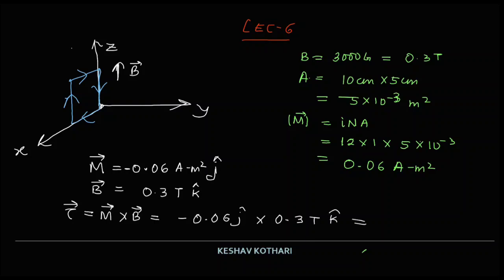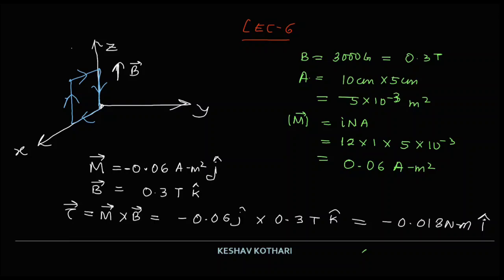So the value is going to be minus 0.018 Newton meter in the negative x-axis direction, that is minus i cap. So the magnitude is equal to 0.018 Newton meter in the negative x-axis direction.